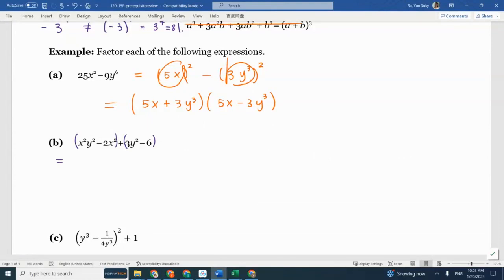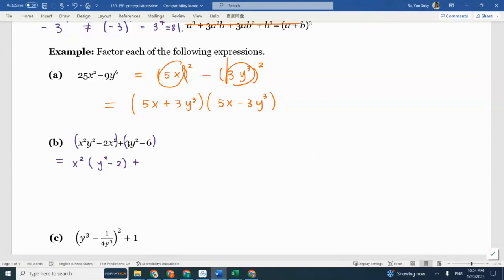Look at these 2 terms. Can you see a common factor? X squared, right? Everybody see that? X squared is the common factor. So we factor out x squared. What's left? Y squared minus 2. Very good. That is the first 2 terms.